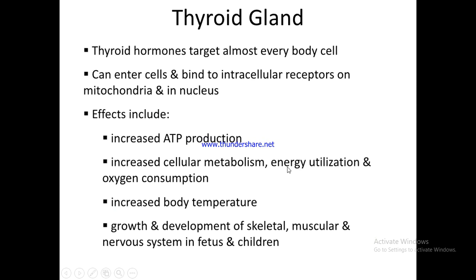of the new proteins. So, thyroid gland physiology involves the different target organs for thyroid gland hormones, and almost each and every cell of the body has got the receptors for thyroid hormones. So the effect of the thyroid gland resides upon the whole body. The main effects include increased ATP production, so it is the main metabolic rate controlling hormone, increased cellular metabolism, energy utilization and oxygen consumption, increased body temperature, growth and development of the skeletal, muscular system and nervous system in the fetus and the children.